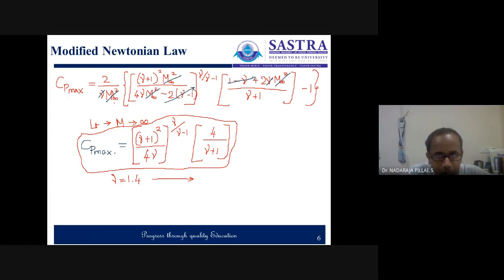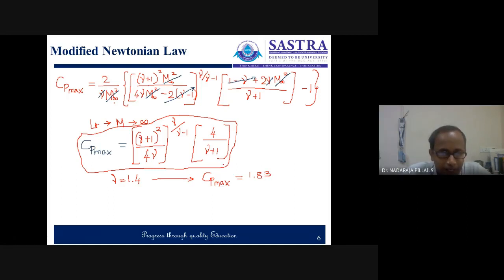Cp max is a function of gamma only now. So when we consider gamma equal to 1.4, what is Cp max? Please do the calculation. Here you see the Cp max will become about 1.83.